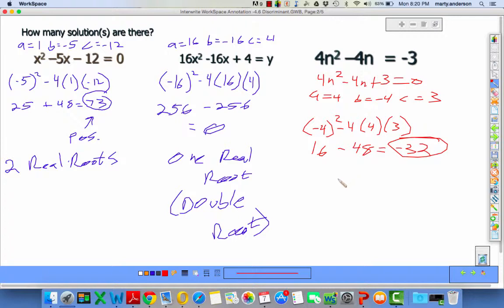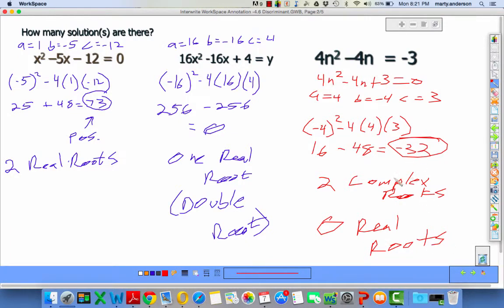This has 2 complex roots, or 0 real roots. If they're complex with the i, then they're not real.